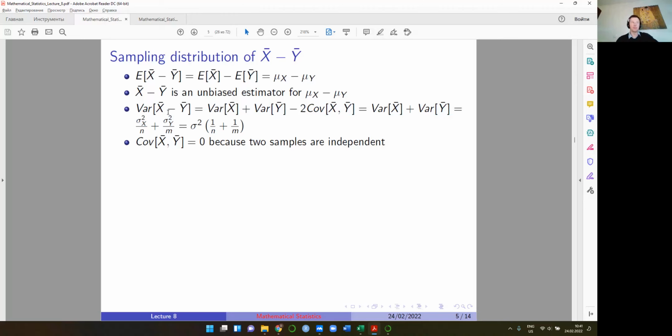So there is no dependency between these two random variables. So therefore, if this thing is 0, we take this as a sum of variance x bar and variance y bar.